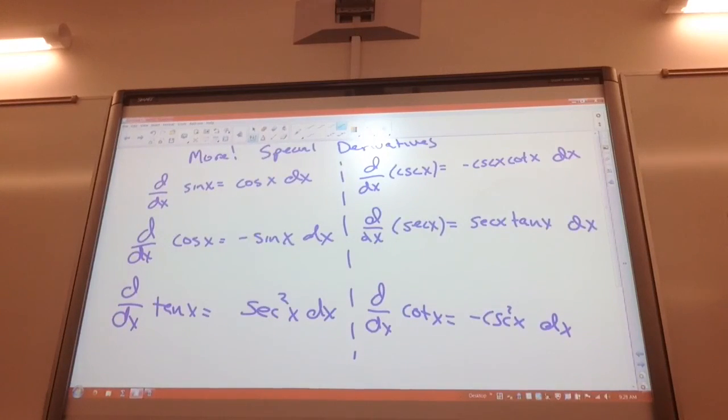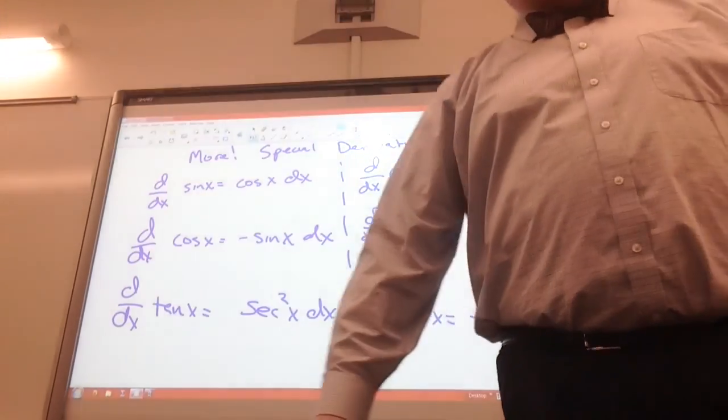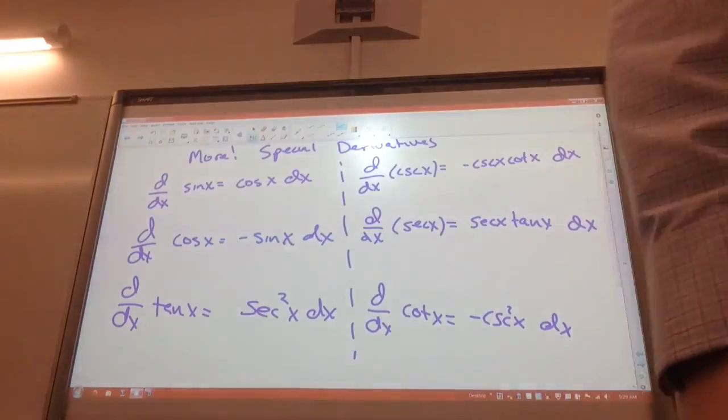So 6x secant of x squared tangent of x squared. Okay? You treat it the same way you would do the sine or the cosine. Okay? That's what I'm getting at. Just recognize that it's got a bigger part to the derivative. Okay? Any questions? All right.